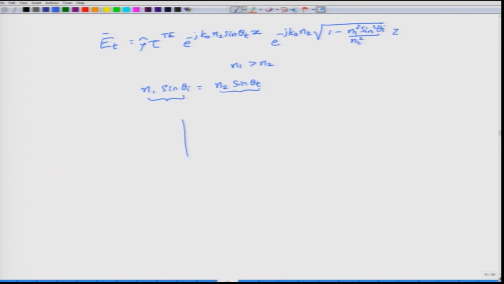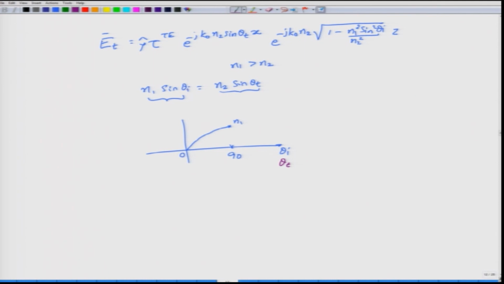If you go from 0 to 90 degrees and plot this n_1 sin theta_I, it would look something like this, reaching a maximum of n_1 as theta_I is increased, and theta_t would also be changing to keep pace with this expression, because these two expressions have to be equal for all values of theta_I and theta_t.